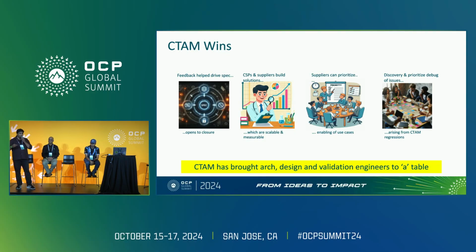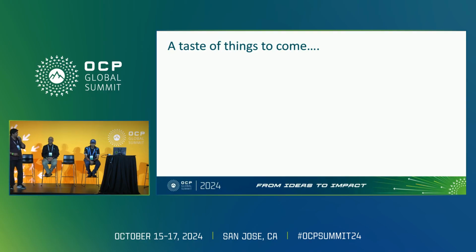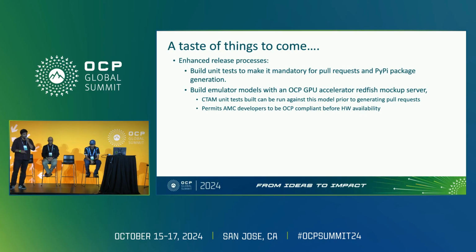So CTAM has brought architecture, design, and validation engineers to the same table in a very concrete and measurable way. Now, as this tool matures beyond the initial audience and goes out to more people, there are some things that we're working on to make the tool easily usable by a large set of audience.